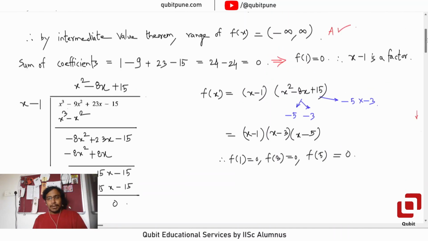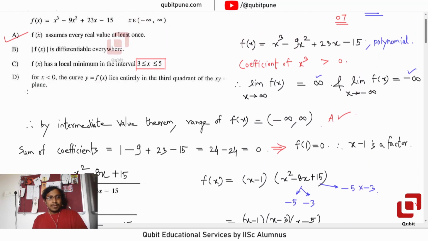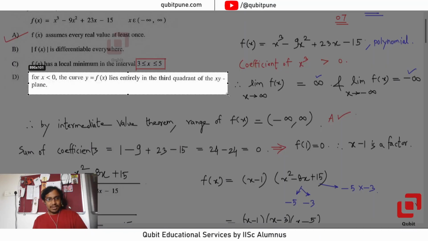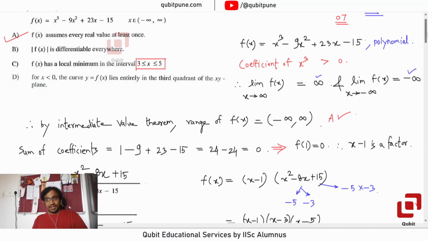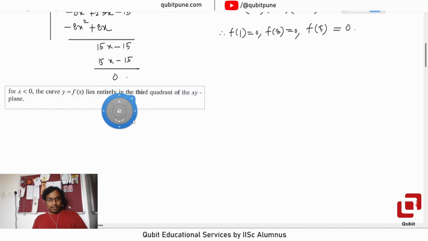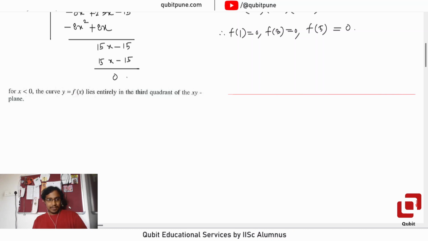Now let us come to option D. Option D says for every negative x, the curve lies in the third quadrant. Is it true? Let us verify. Suppose this is our x-axis and this is the y-axis. 0 is here, 1 is here, 3 is here, and 5 is here.